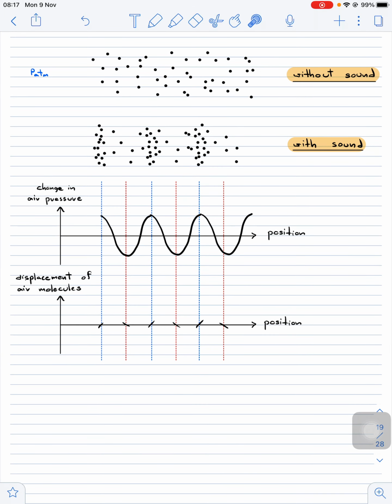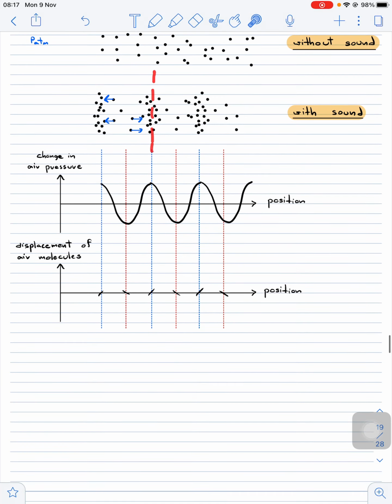Now for displacement, as I mentioned before, this molecule is going to move to the left hand side to compress to this part. And also if we consider this molecule, these molecules will move to the right hand side to compress to this part.